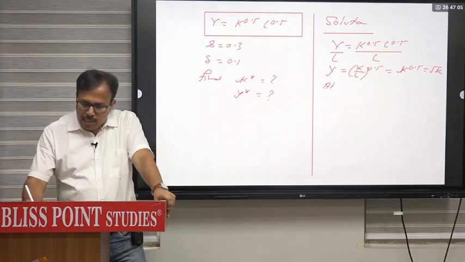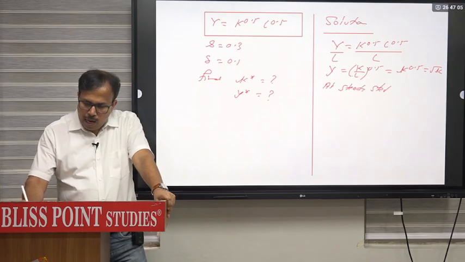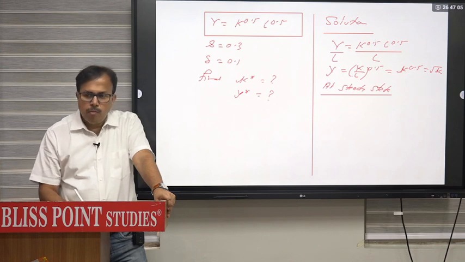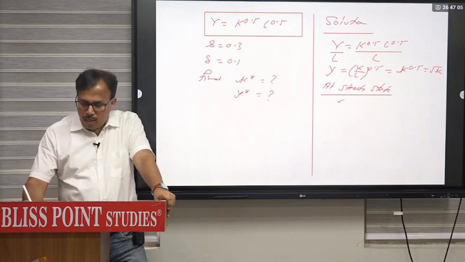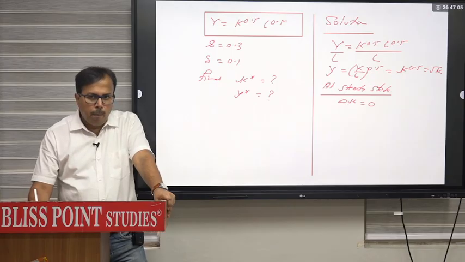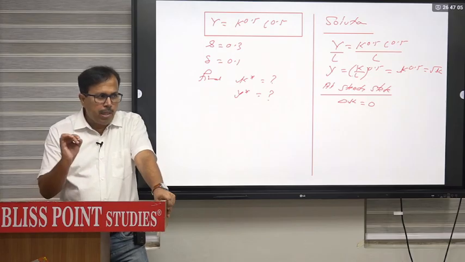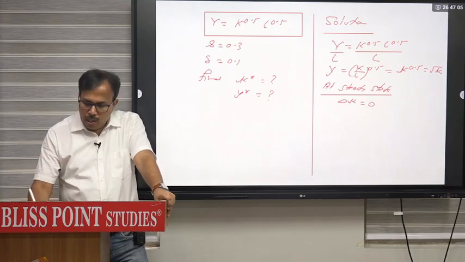Then you write at steady state, delta k is equal to 0. And what is delta k? Investment minus depreciation. Investment is saving.